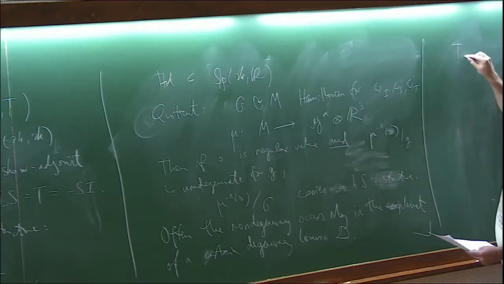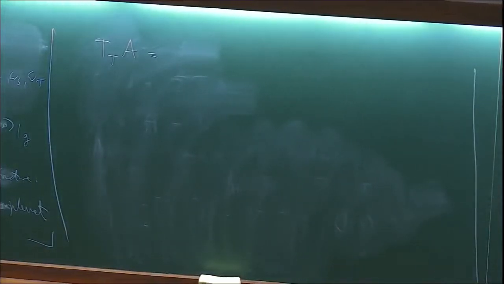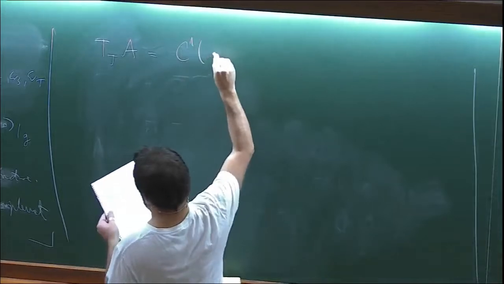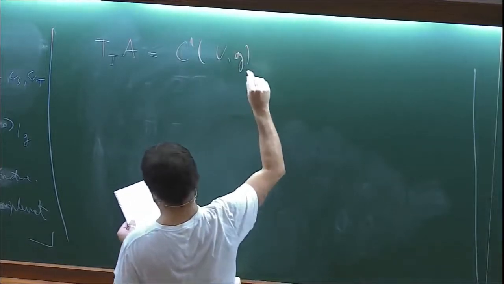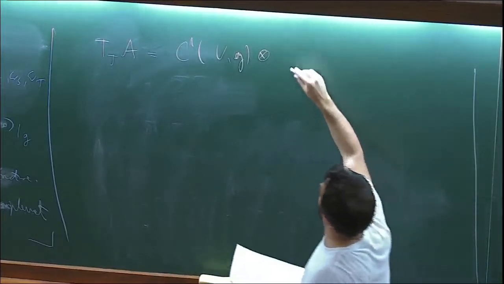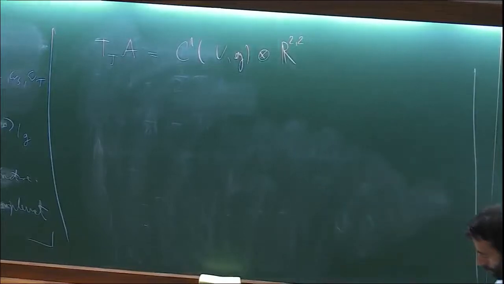Let's start with the space of fields first. The tangent space to A at one of these Lie algebra valued functions is C^1 with values in g, tensor R^4, but now I'm going to identify this R^4 with R^{2,2}.